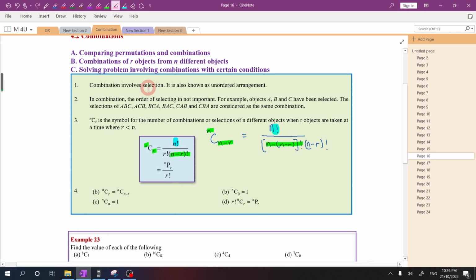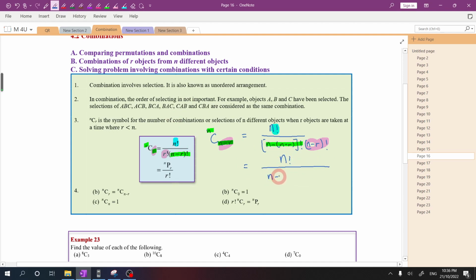Okay, and then divided by r factorial, divided by n minus r factorial. Okay, let me proceed. You will notice that these two are actually the same. Let me open up this parenthesis.